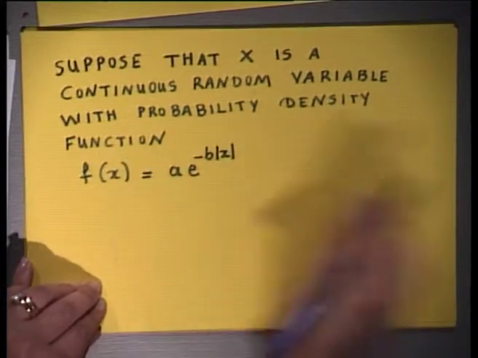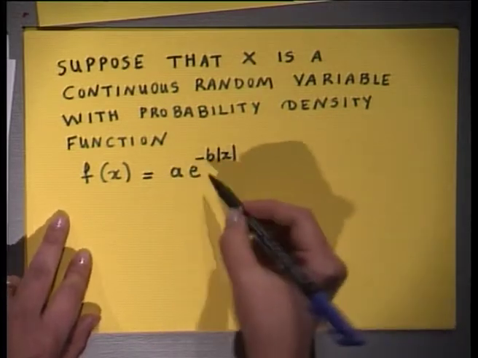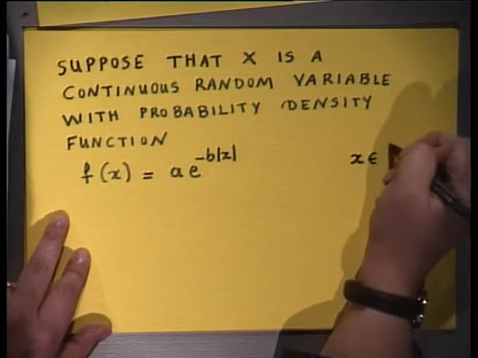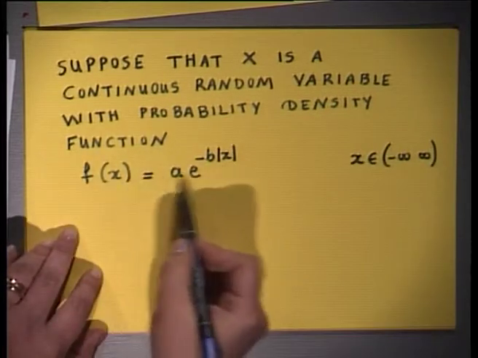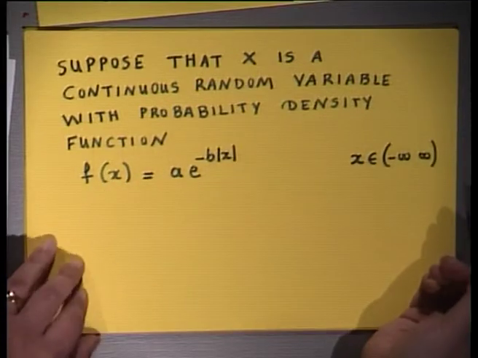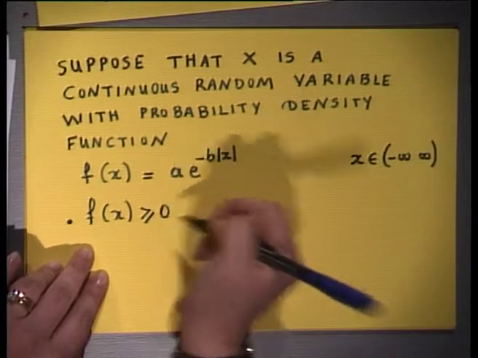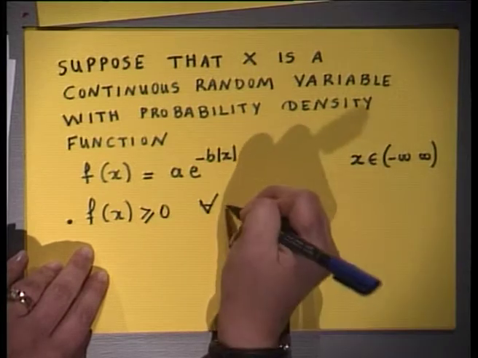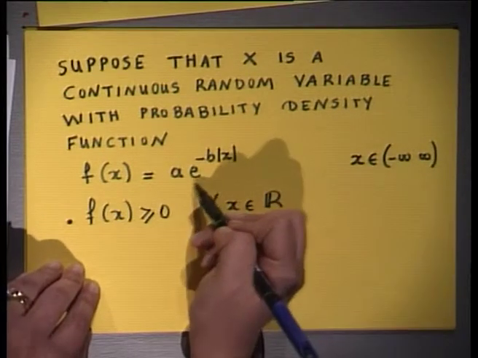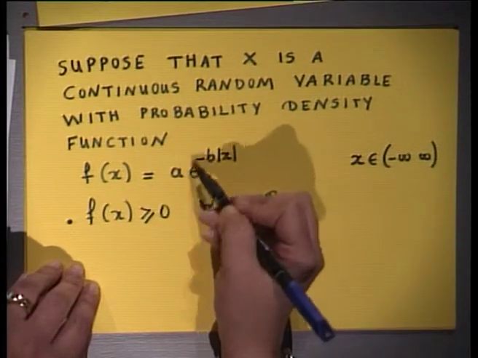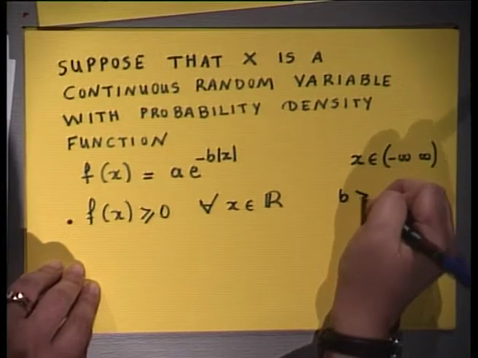Now, if we look carefully at the probability density function and think about the properties, here x we allow to take any value in the real line. So we want this to be greater or equal to 0 for every value of x in R. We know that the exponential is always positive for b greater than 0.